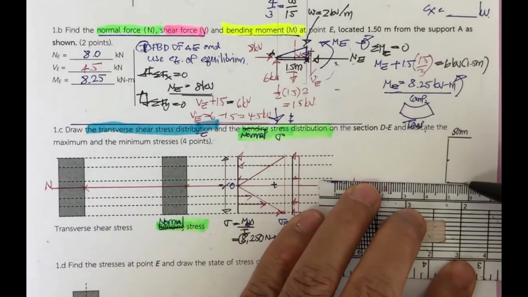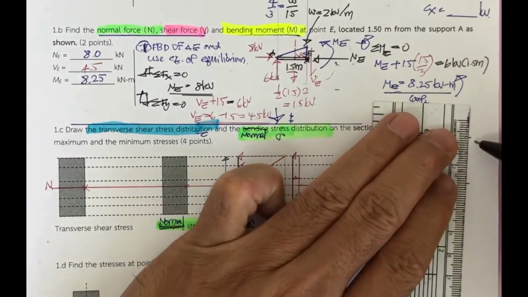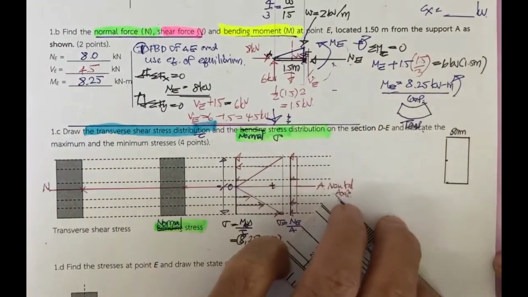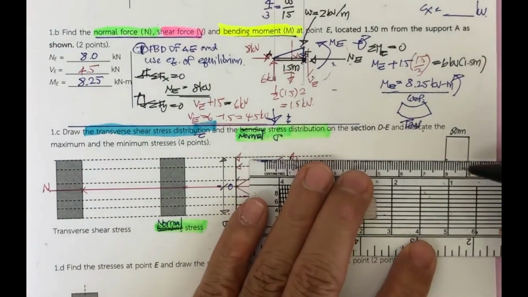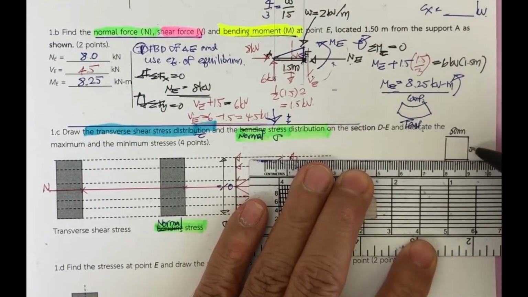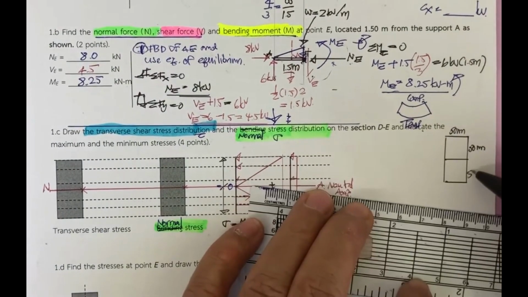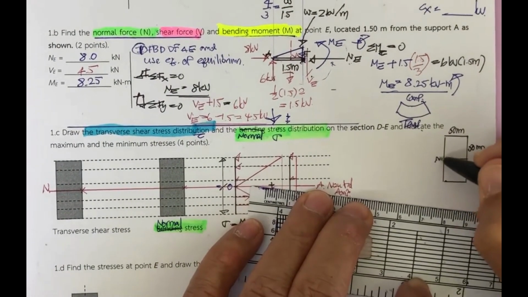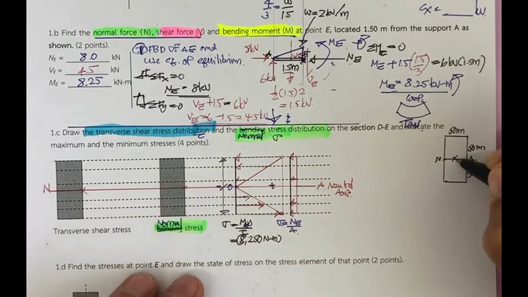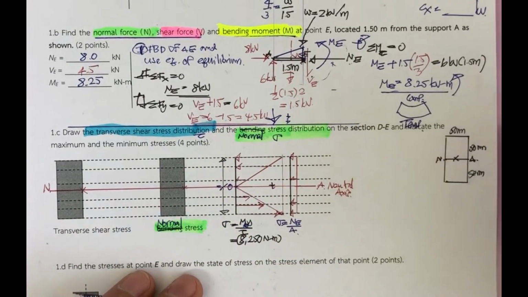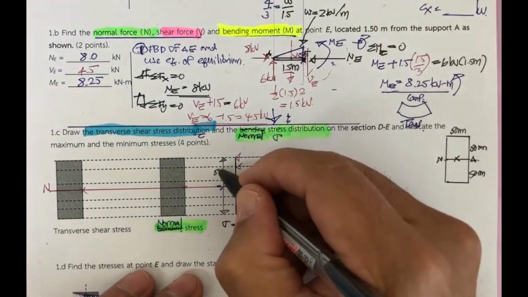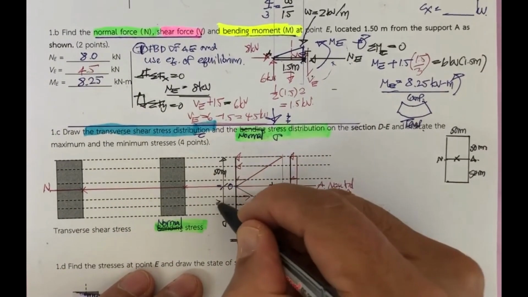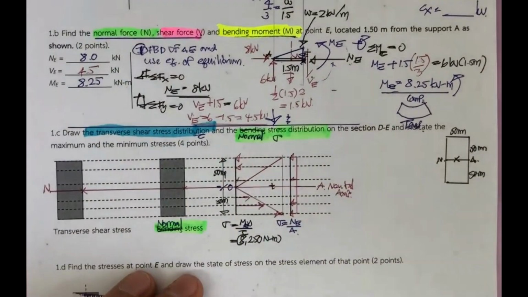So this is the section that we are interested in, without going back to the top. This is 50 millimeter. This is 50 millimeter. And this again is the neutral axis. This is the centroid of the section. That means this one is going to be 50 millimeter. This one also 50 millimeter.